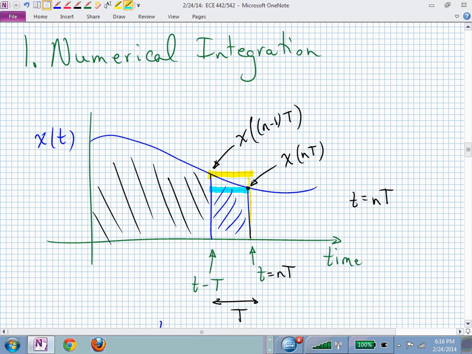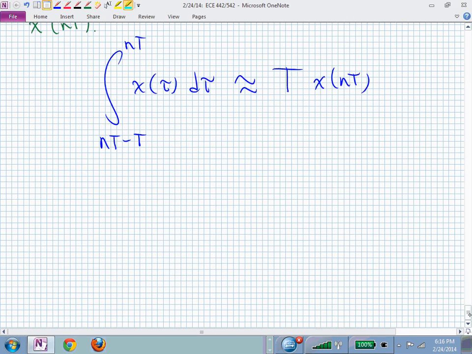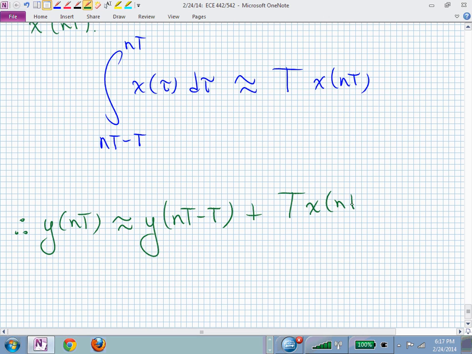But we're hoping that capital T is not too big so that that small approximation is not that significant. Now we just repeat what we've done before. Now we can say, okay, y of little n capital T is approximately y of little nT minus T, one time step before, plus the area under that integral, which we're approximating with the backward rule, which is T x of nT.